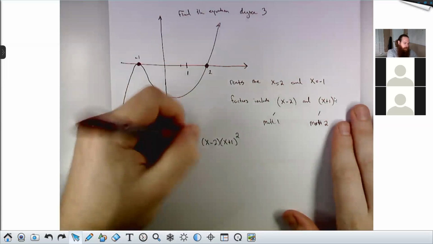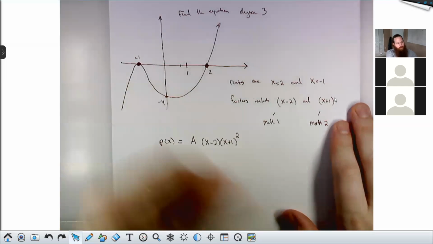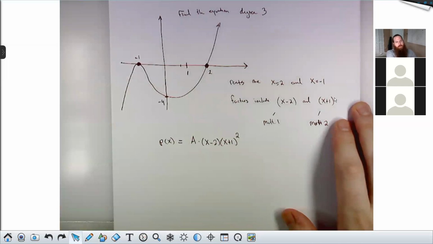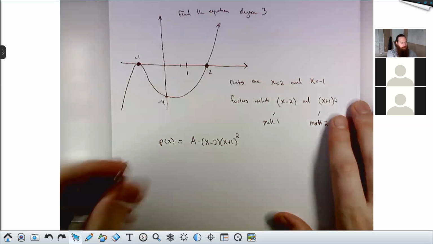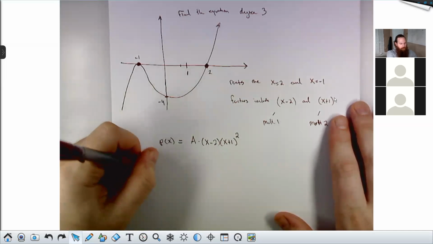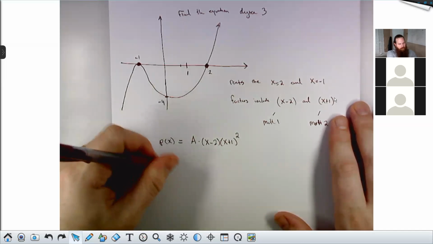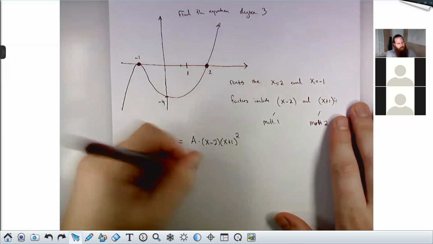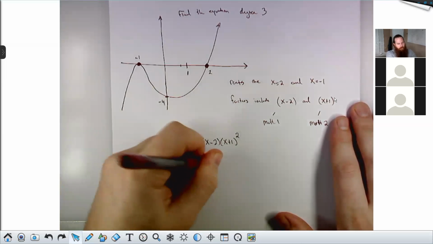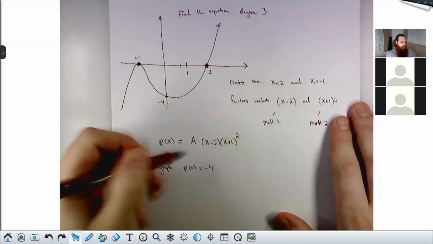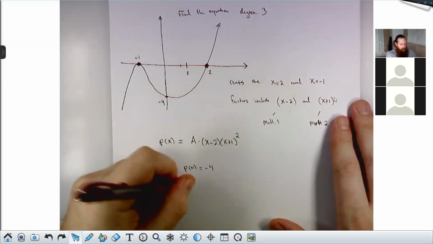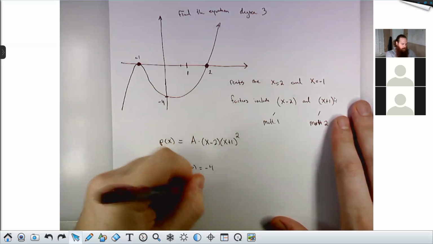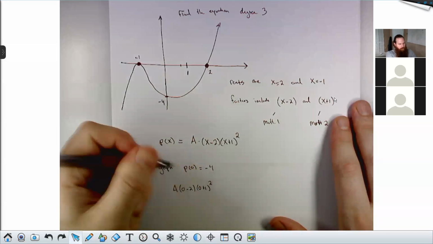But it doesn't have the right y-intercept. So we have to allow for the possibility of a lead coefficient being different from 1. I know from the graph that p of 0 is -4. But p of 0 here is a times 0 minus 2 times 0 plus 1 squared.